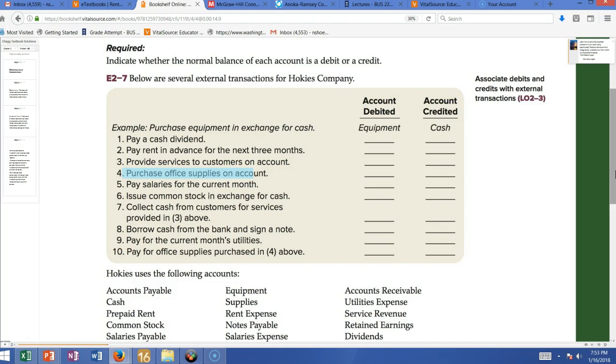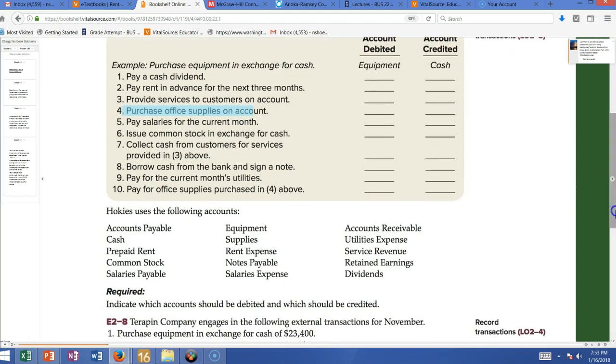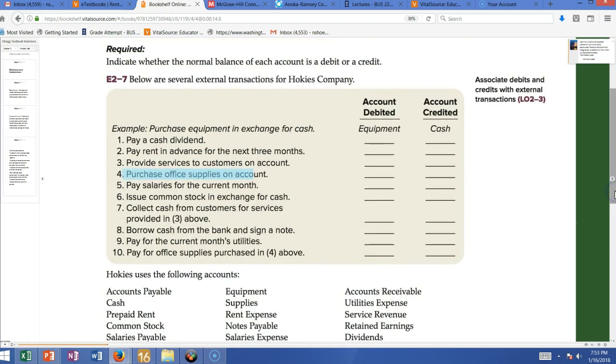Hoki uses the following accounts. Guess what all these accounts are called for Hoki? The grouping is called their chart of accounts. Got it? Indicate which accounts should be debited and which should be credited.